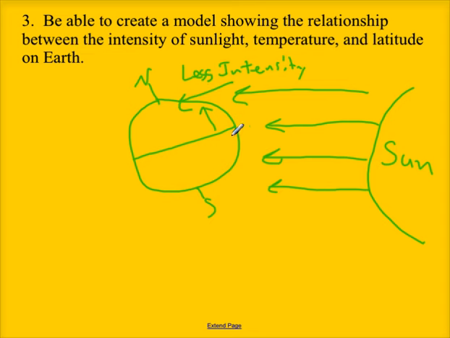And maybe what I would do is write in more intensity more towards the equator. In fact, probably right about here would be about the Tropic of Capricorn, which is 23.5 degrees south latitude, where it'd be the most intense right now. And then maybe I'll even draw in an arrow and say it's less intense.